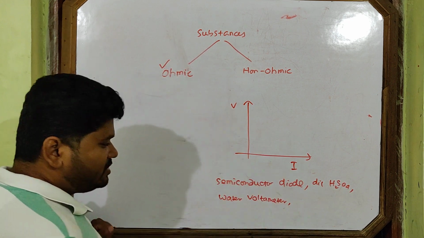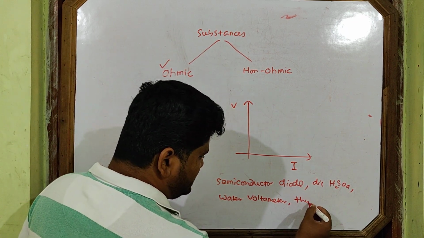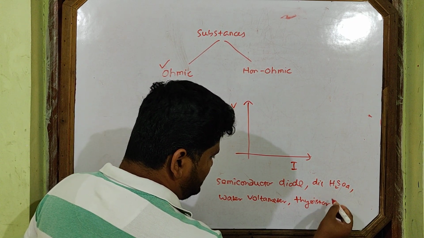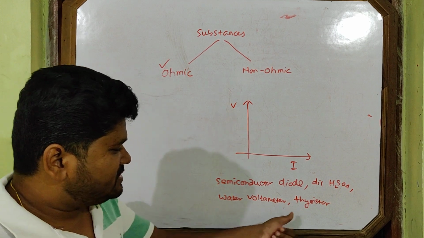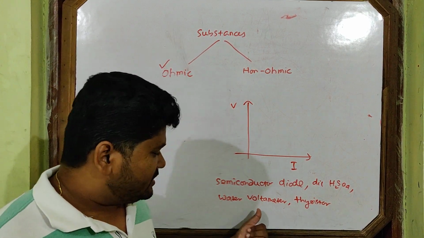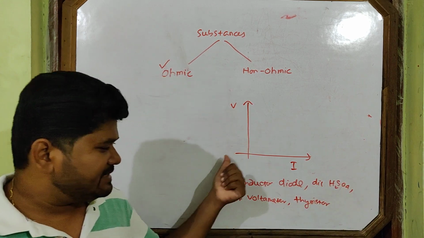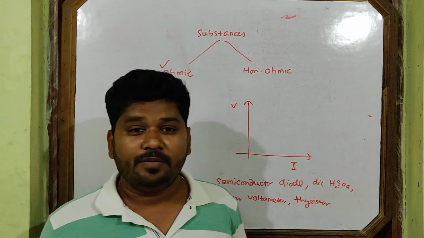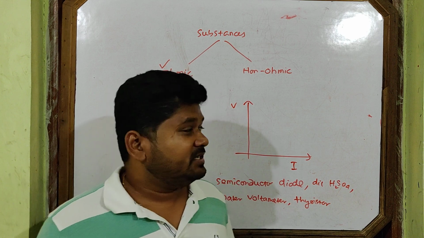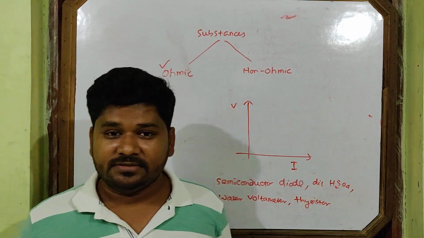This also does not obey Ohm's law. Then thyristor. Thyristor is a device. It also does not obey Ohm's law. Thyristor, water voltameter, semiconductor diode, all these devices and substances do not obey Ohm's law. These are the non-ohmic substances.